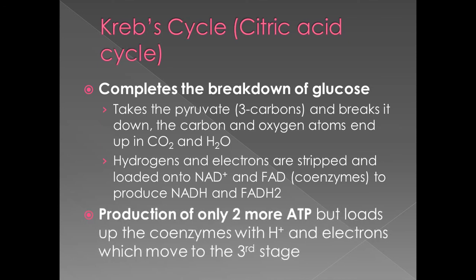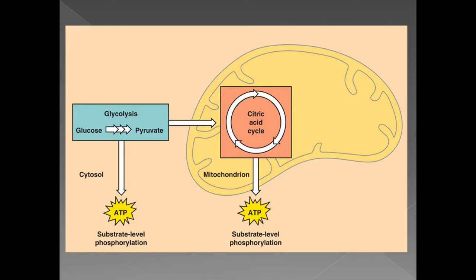This part of the cellular respiration process only produces 2 more ATP, but it loads up the coenzymes with hydrogen ions and electrons, which move into the 3rd stage where the majority of the ATP is made. So here we have glycolysis, breaking down glucose into pyruvate. It happens out in the cytoplasm, and you get some ATP.